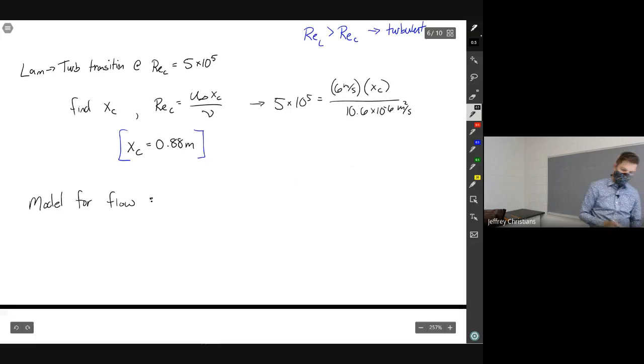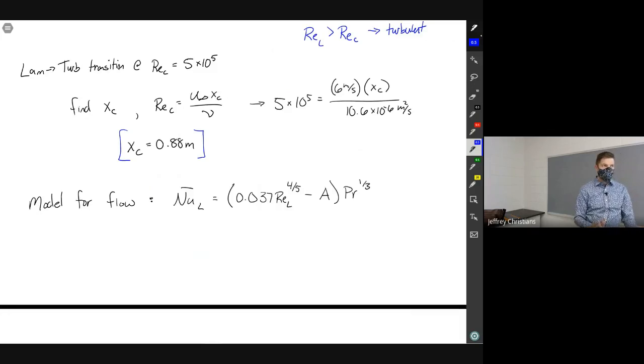So our model for this flow is the Nusselt number 0.037. This is the exact same model that we used before. This is how it would be written.